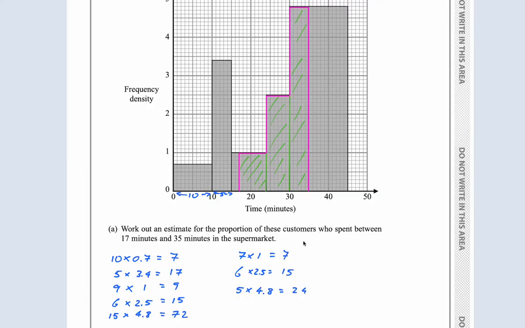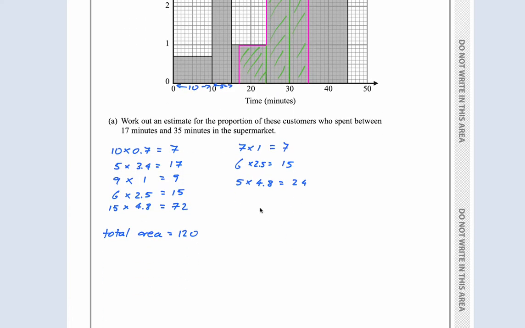The total area between 17 and 35 is this plus this plus this.